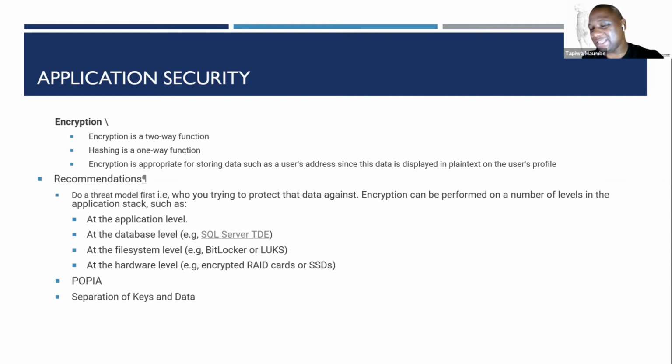Encryption is two-way, so just because there are two ways, someone can go and decrypt whatever you've encrypted. My opinion is that the moment you are thinking about encryption, you have to do a proper threat model first.